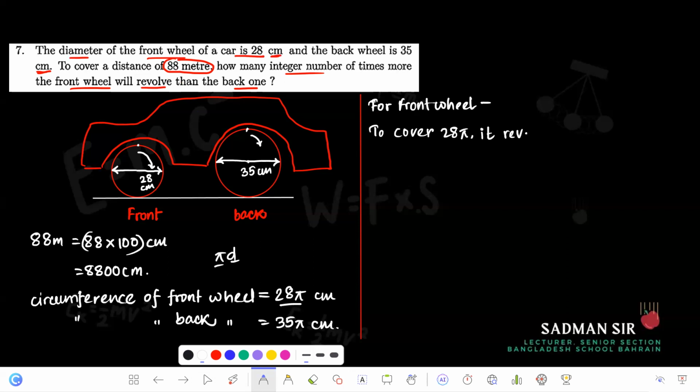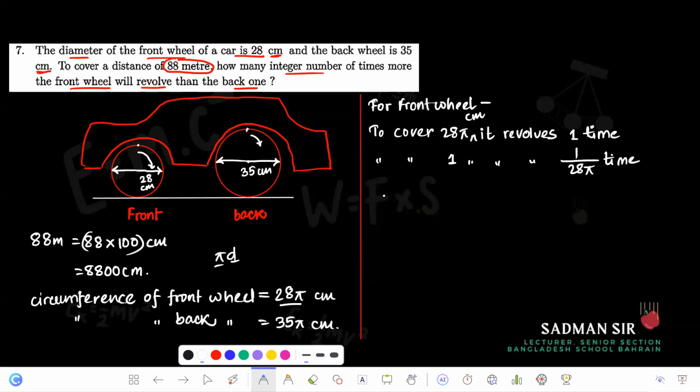it revolves one time. Now it should actually be centimeter. I should have written centimeter here so you don't forget to write it. It revolves 1 divided by 28 pi times. Now how much distance we need to cover? 8,800 centimeter. To cover 8,800 centimeter, it revolves 8,800 divided by 28 pi.